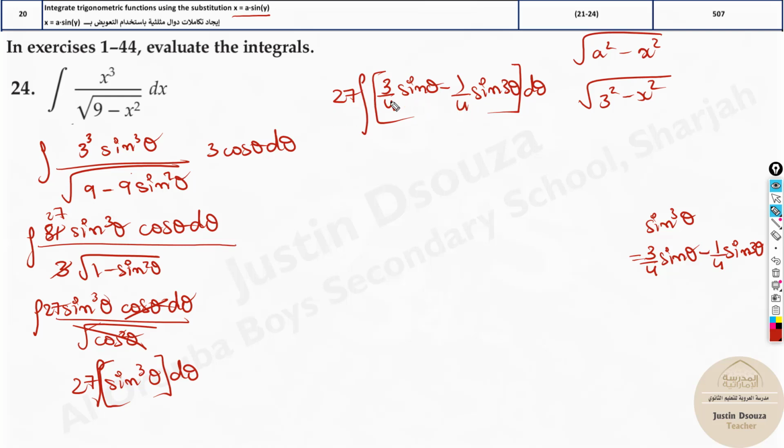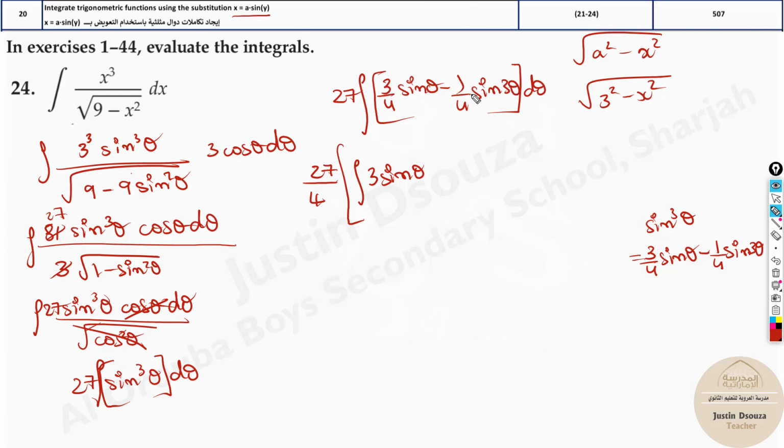See, here you can take 1/4 outside. So I'll just take that. It'll make it easier, you know. So I will take 27 divided by 4, because this 4 is a constant altogether. I've taken it from both and written it over here. And the integral, what is there? 3 sine theta. Now over here I can't remove 3 because 3 is not there in both.